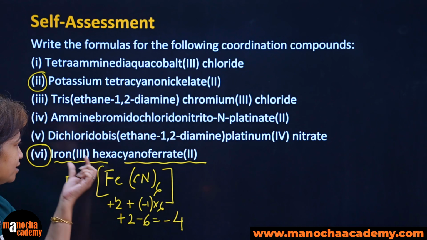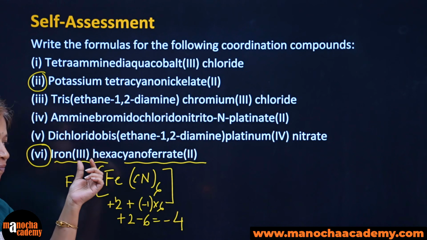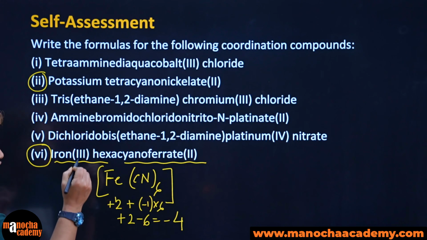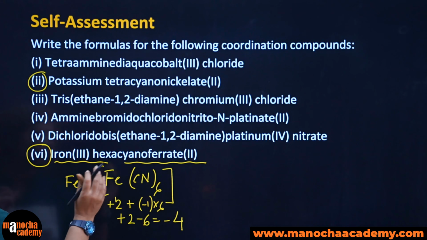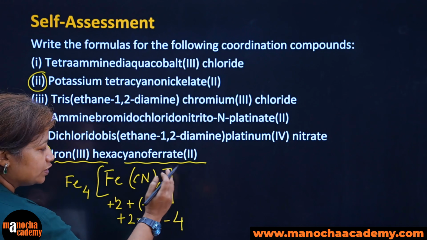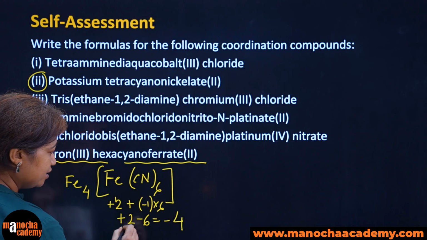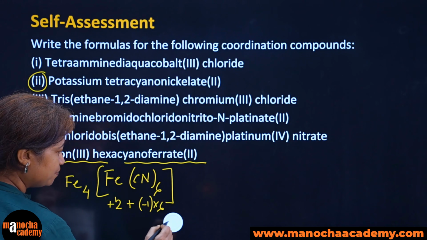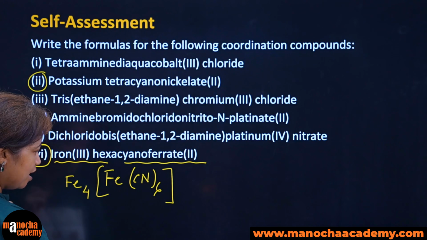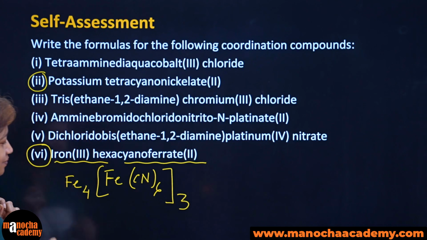This is 4 and this is 3. If you multiply 3 with 4 it becomes 12, and 4 with 3 it becomes 12. Simple as that. So naturally this is 3, and this total charge is minus 4, which means we have to multiply this with 3. So I erase this part carefully. Yes, now this becomes 3.